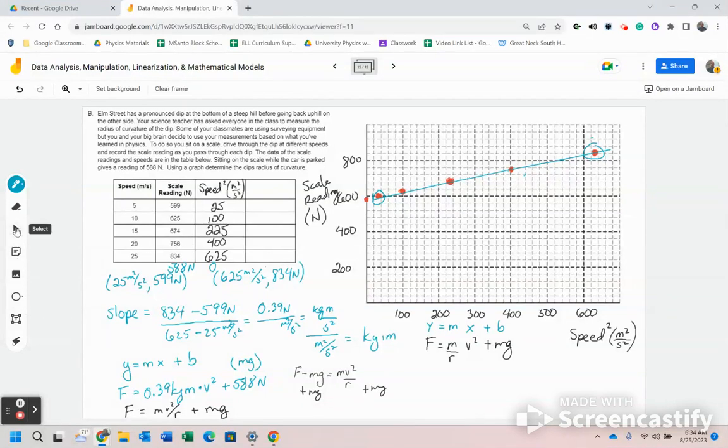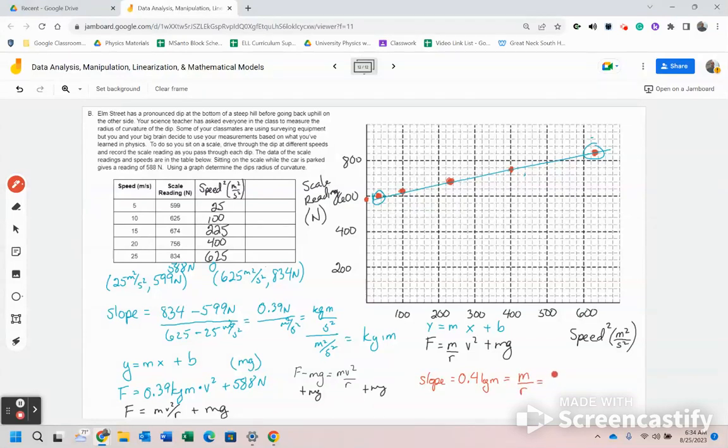So in order to use the graph to determine the radius, we know the slope from what we solved for is 0.39, which I'm going to round to 0.4 for calculation sake, kilograms times meter. That will equal the mass over the radius.